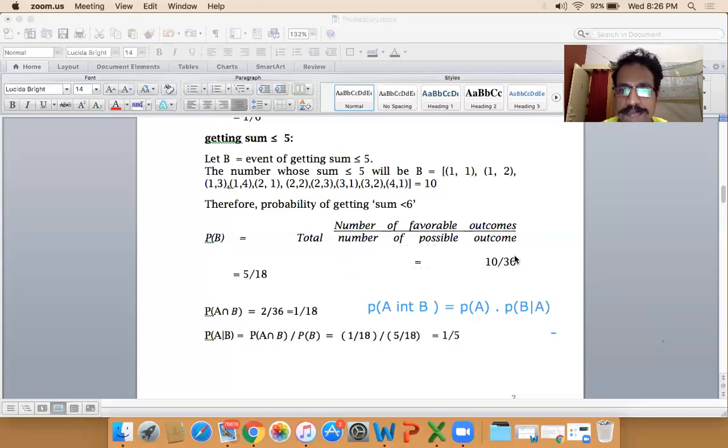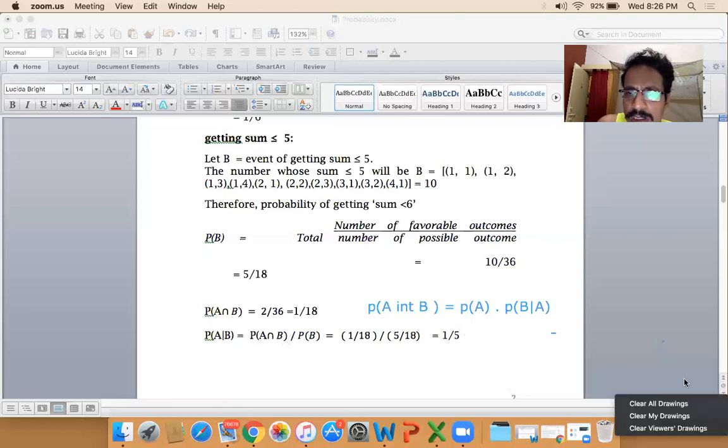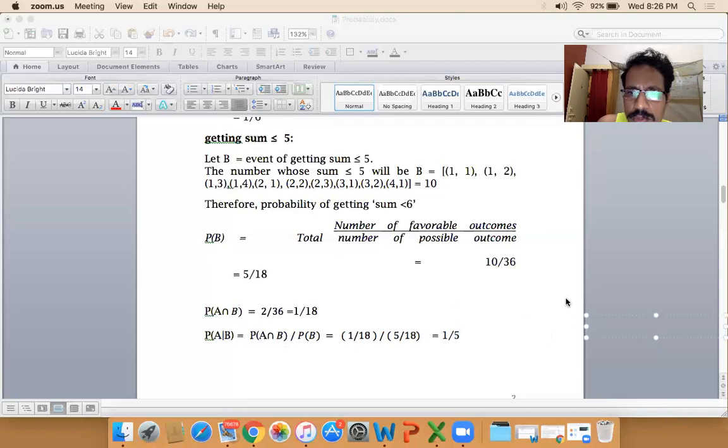So you can multiply both of them, because one was 1 by 6 if I remember, and the other, the probability of B given A, is nothing but 2 by 6. So when you do 1 by 6 and 2 by 6, it becomes 2 by 36, right? So this is another way of understanding the numerator part of the Bayes theorem.